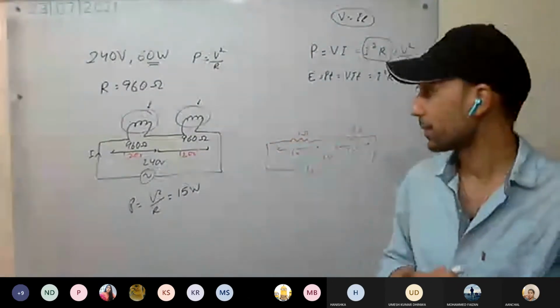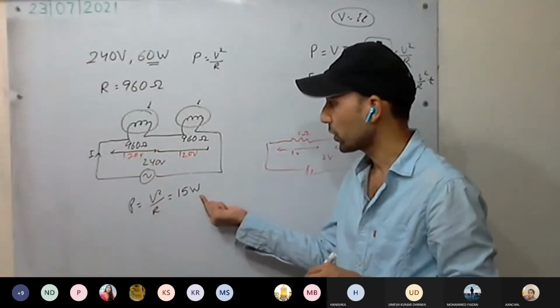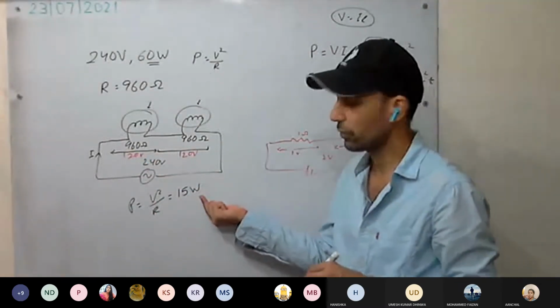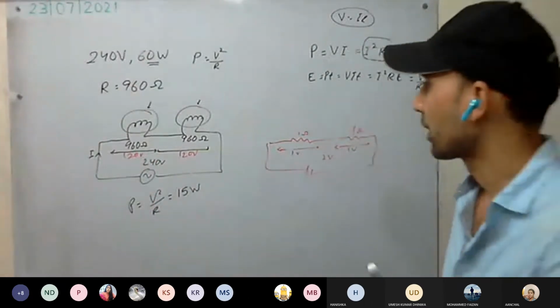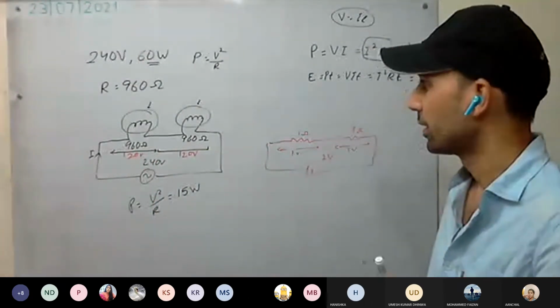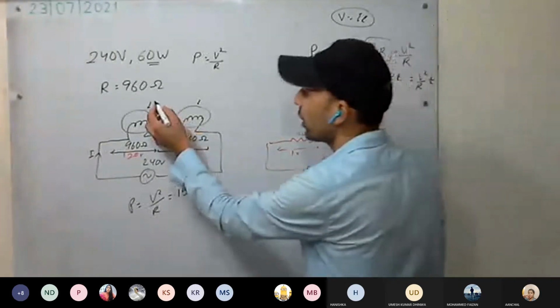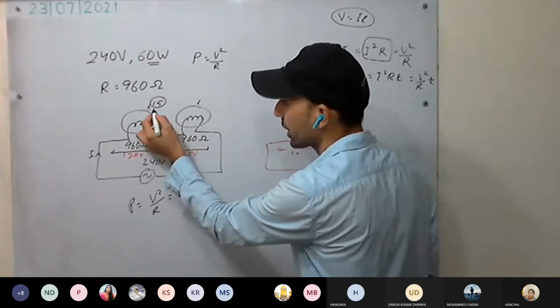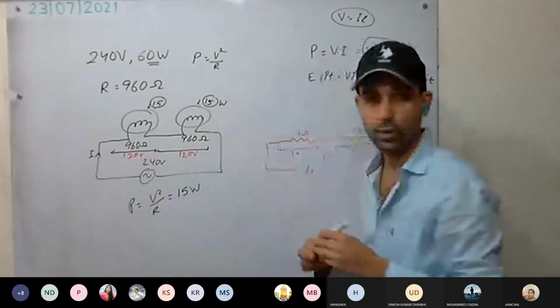Is it 15 watt? 120 into 120 divided by 960. How much you are getting? 15 watt. Are you getting 15 watt? Okay. So how much power this first bulb is consuming? 15 watt. Second bulb as well consuming 15 watt.